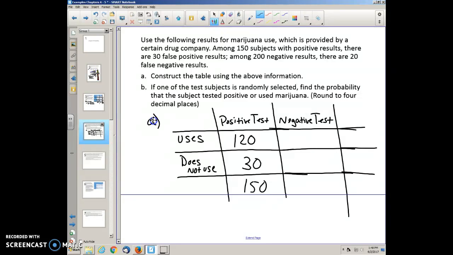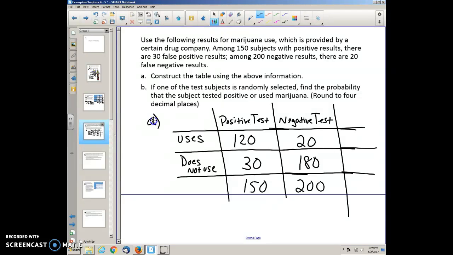So there's 120 true positives. Among the 200 negative results, that's down here, there are 20 false negatives. So a false negative would be a negative result, but actually uses. So that goes here. What's left? 180. So there's 180 true negatives.